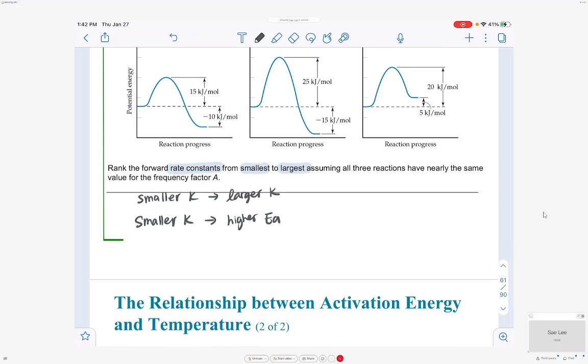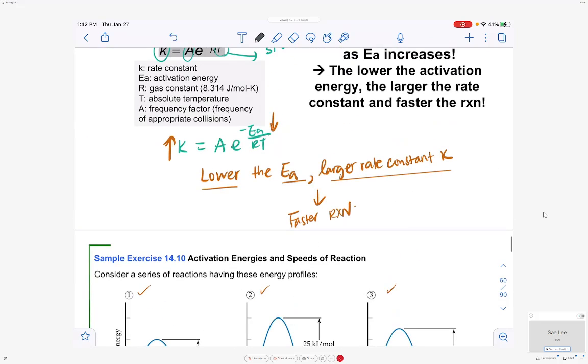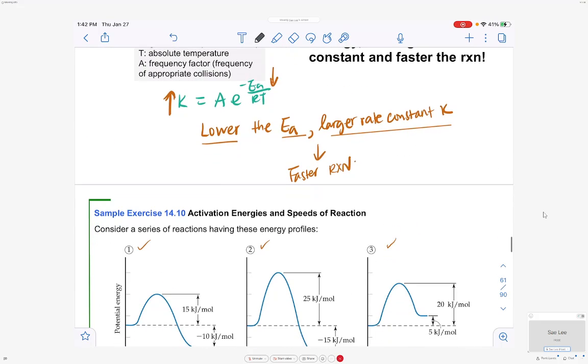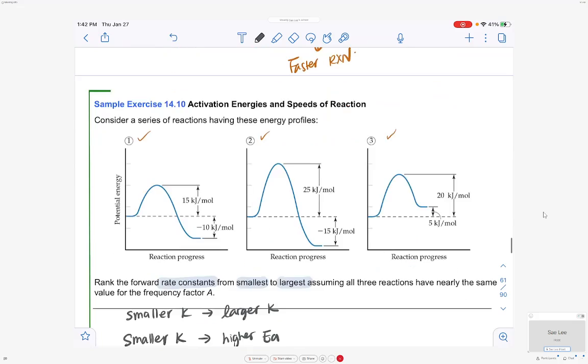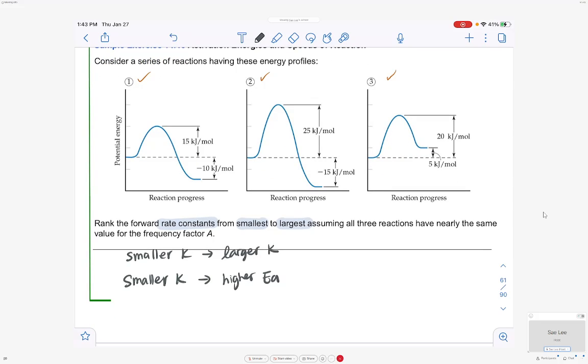So what will have smaller k? From the previous equation that we observed, we know that higher activation energy will cause a smaller rate constant k, right? So from these three diagrams, we need to find the one that has the highest activation energy.